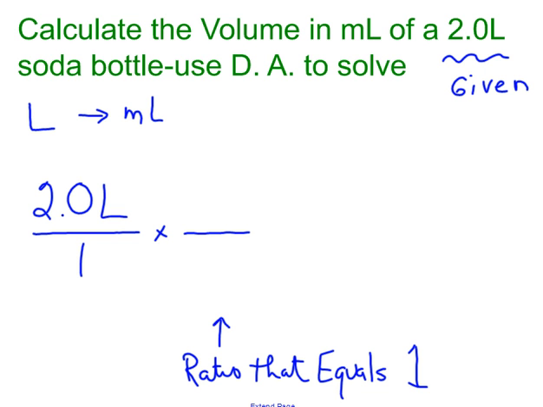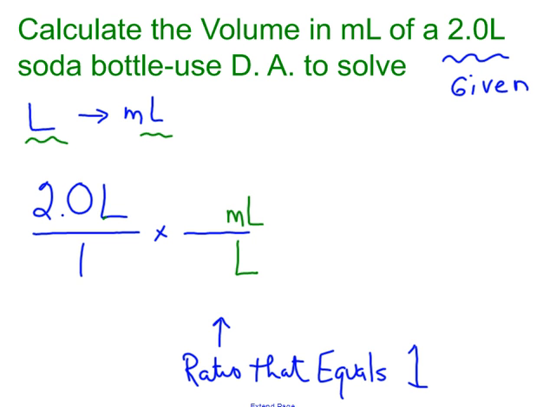So since I'm comparing liters to milliliters, those are the 2 units that I'm going to put in this ratio. And since liters is going to cancel liters up here, I want to be sure that my liters in this ratio goes in the denominator, and my milliliters, where I'm going to end up, goes in the numerator.